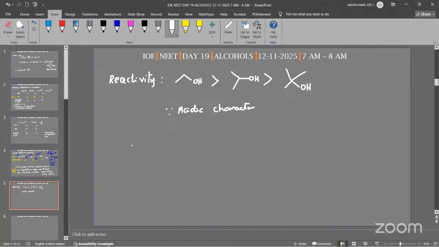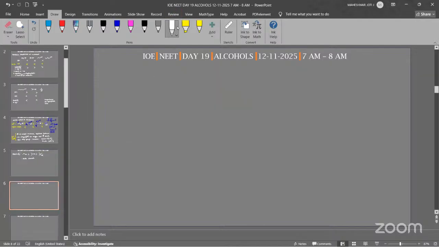Now, let us see some reactions. Before going to discuss reactions, let us discuss what kind of reactions are possible in alcohols. If we take alcohol, there will be carbon, oxygen, and hydrogen. With respect to hydrogen, hydrogen is acidic in nature, so acid base reactions are possible.